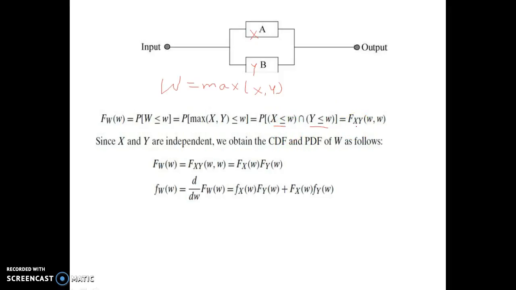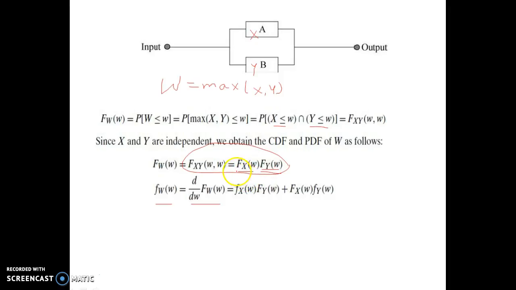In order to obtain the PDF, we must differentiate the CDF. So we can at first easily split the joint CDF, since X and Y are independent random variables, into their marginal CDFs, as discussed before. So if we carry out differentiation of this CDF to obtain the PDF, again using the UV rule of differentiation, first we keep F_Y(w) constant and differentiate F_X(w), we get the PDF of X evaluated at w into the CDF of Y evaluated at w.